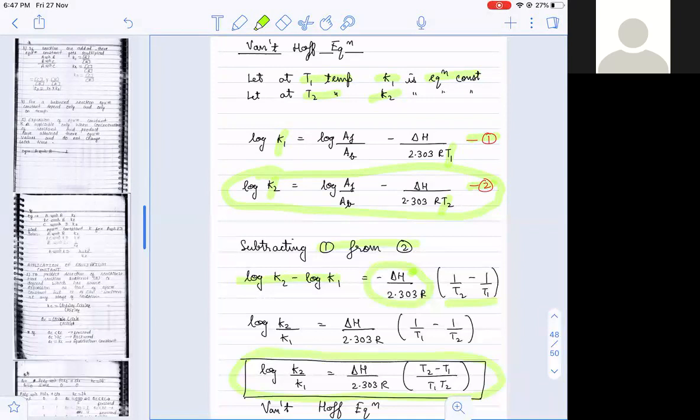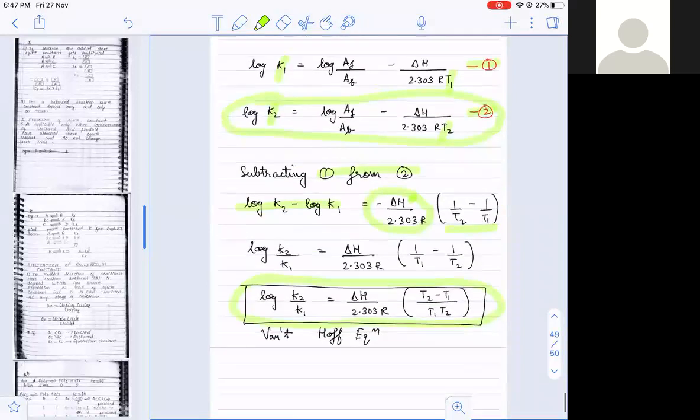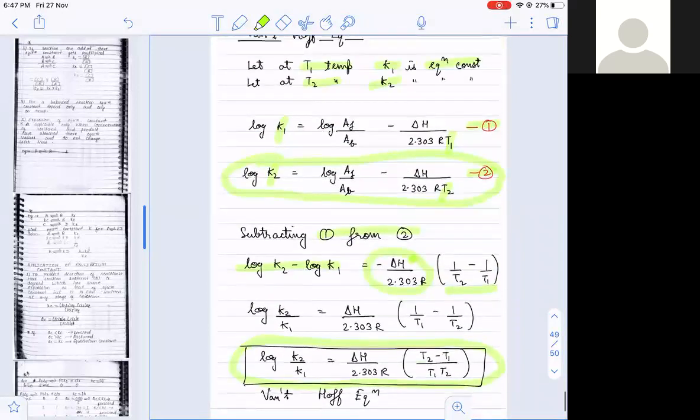Daksh, done? Charan? Done, sir. So done. All right, let's move ahead. Now, let's do some questions on it.